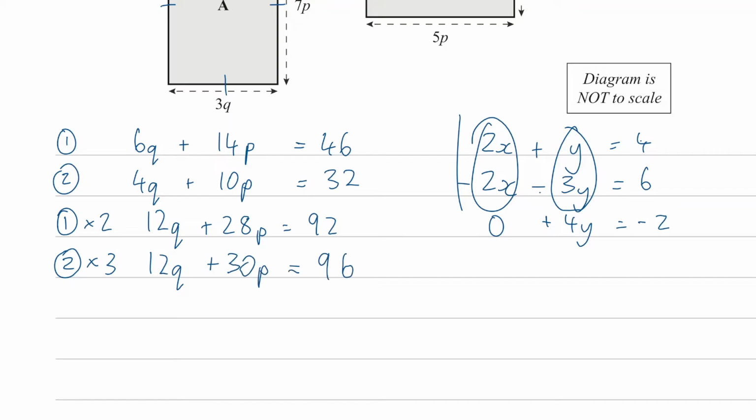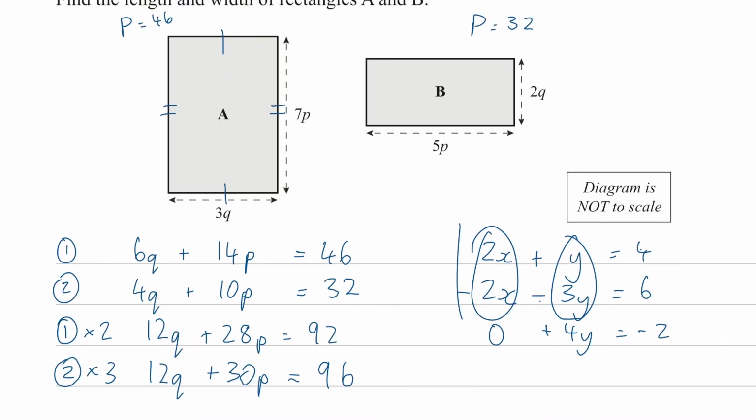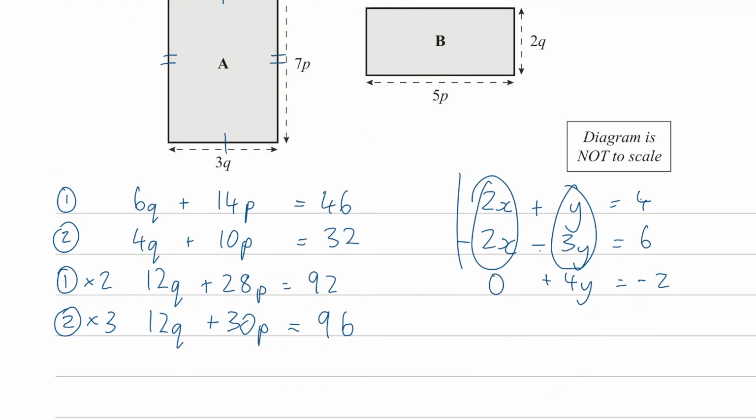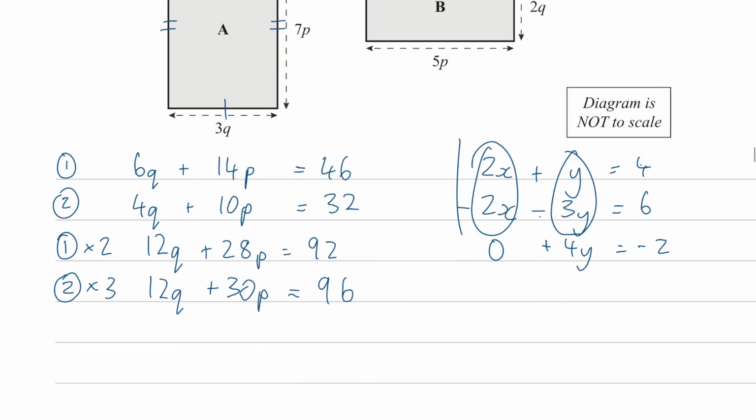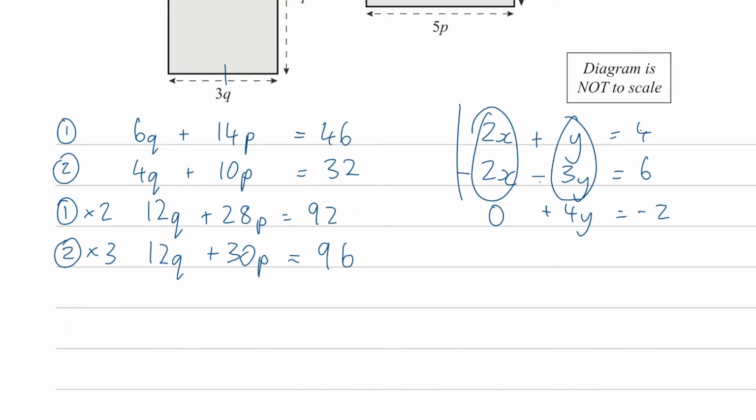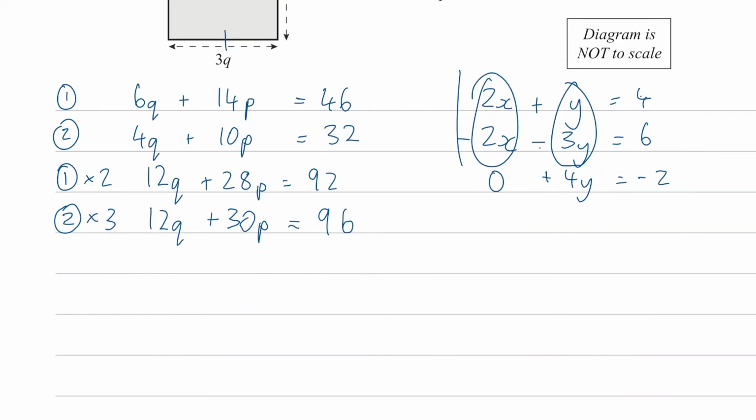So all we've done here is we've written two equations for the perimeter of A and B in terms of P and Q. We've then multiplied them in order to get two of the variables to have the same coefficients, in this case 12Q in both of them. We can now subtract these equations.